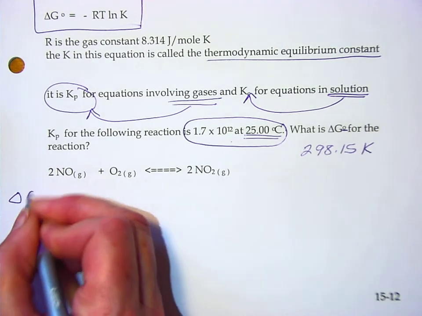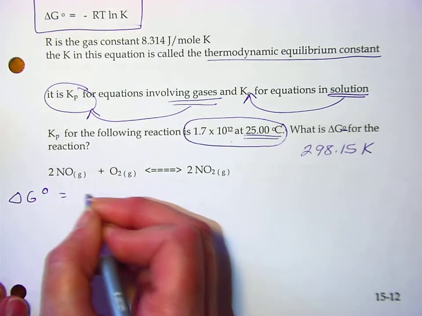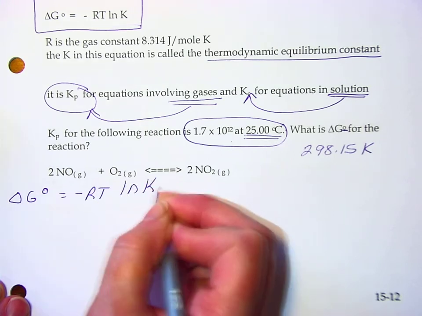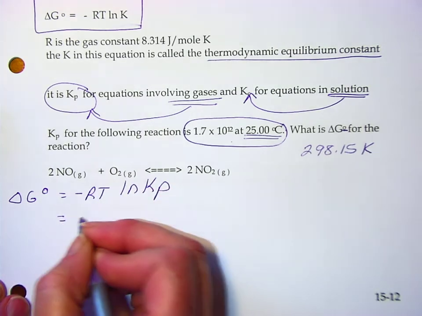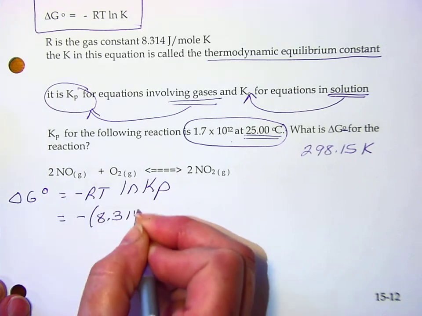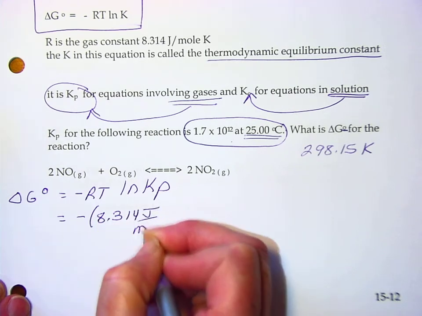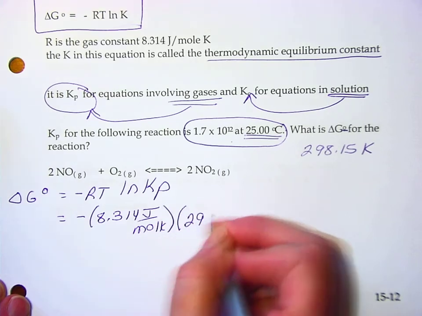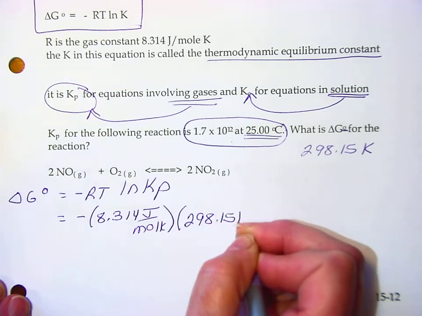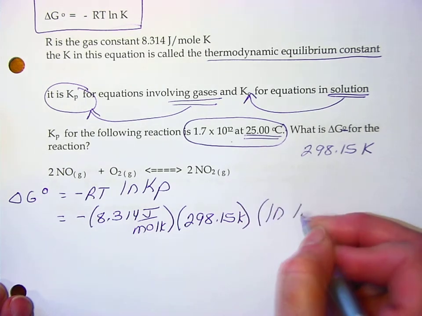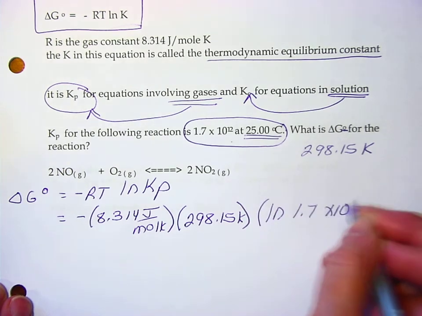So delta G0 is equal to minus RT ln of K sub P. So negative R, 8.314 joules per mole Kelvin, times 298.15 Kelvin, times the natural log of 1.7 times 10 to the 12th.